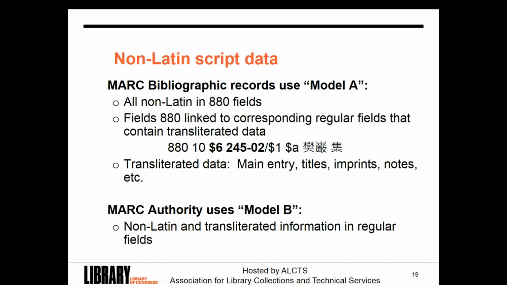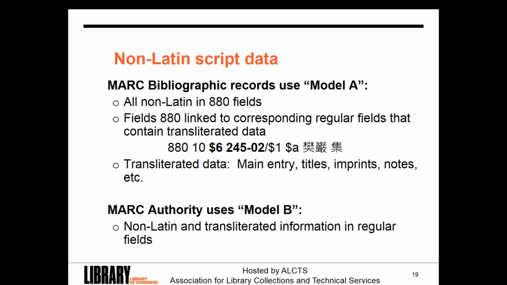You see there one example of an 880 that is a title, obviously, because it links to the 245. So the 245 contains a transliterated version of that title that's in the $a. So we transliterate a lot of data in our MARC bibliographic records.